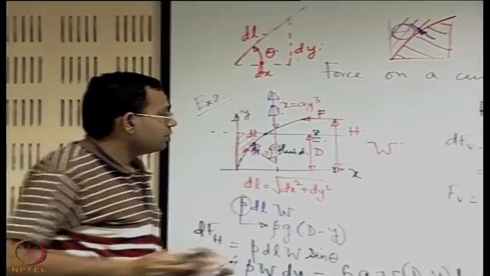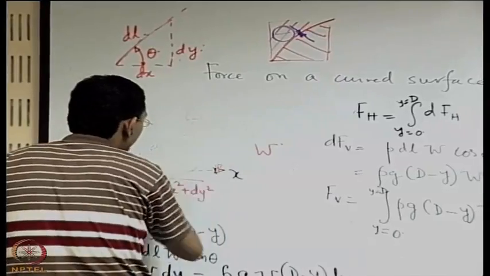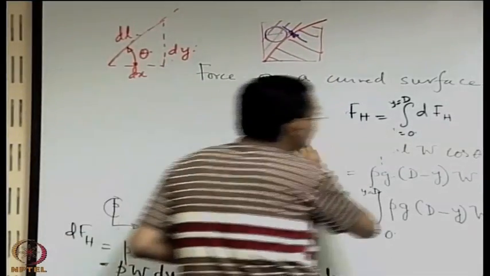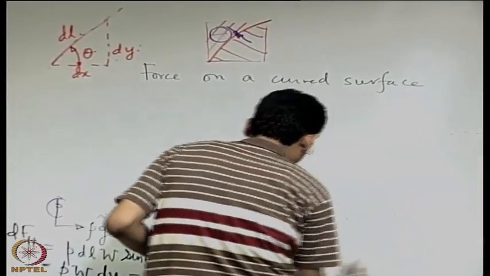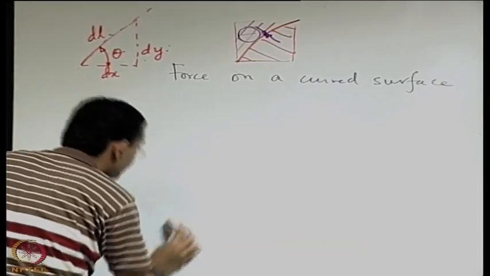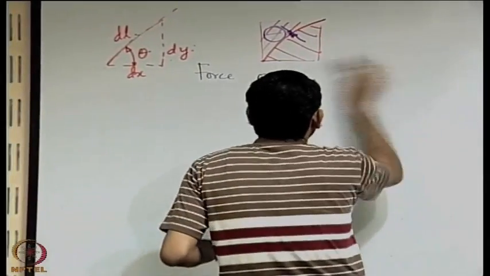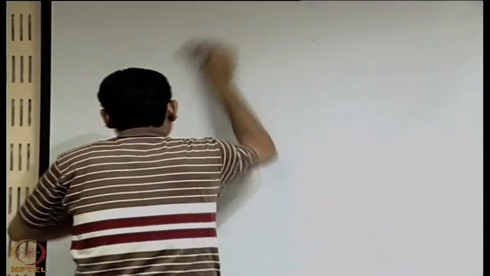Okay. Now we have considered forces, or force components, on plane and curved surfaces. We have seen that there are some simple ways by which we can evaluate these force components. Now what we have assumed is that when the surface is put in the fluid, the surface is in equilibrium and that equilibrium is not disturbed.